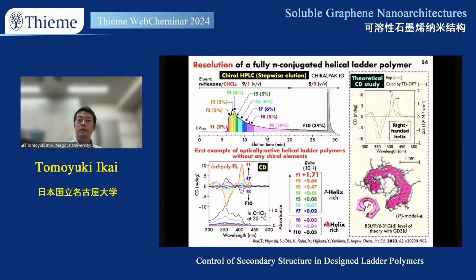The key importance is that the dissymmetry factor for fraction 1 is more than 10 to the power minus 2, because the g value of a typical pi-conjugated one-handed helical polymer is on the order of 10 to the power minus 3. So this means that the helical sense of this fraction 1 is sufficiently high.